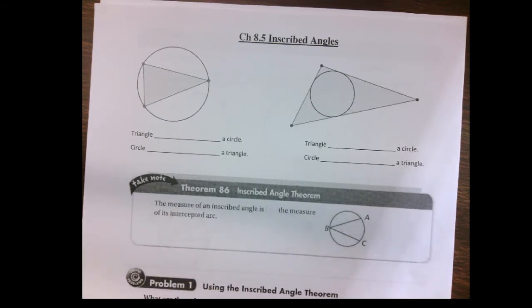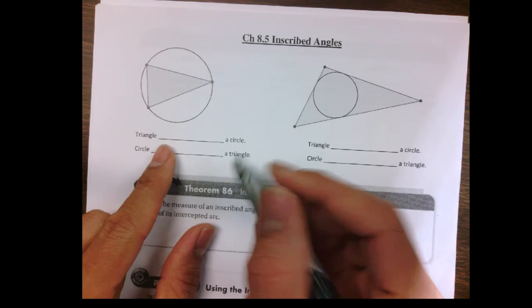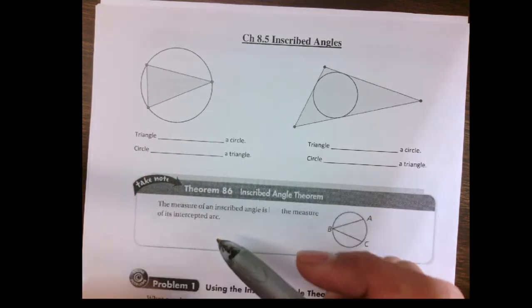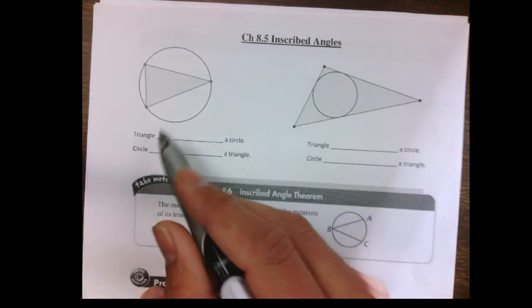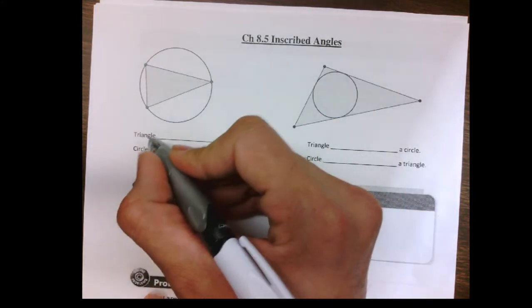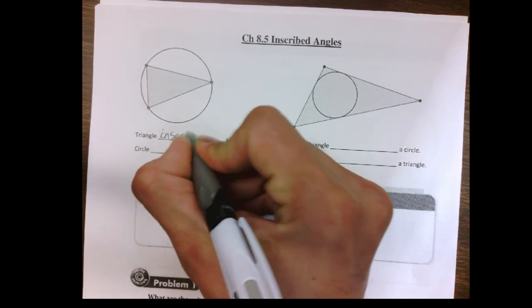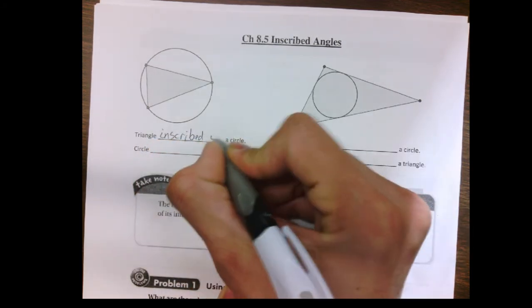So just like a little recap, I want to make sure we understand these shapes and how to describe them. In this case, we've got a triangle inside of a circle, and formally speaking, we would say that we have a triangle inscribed in a circle.